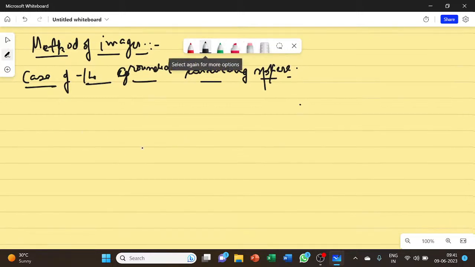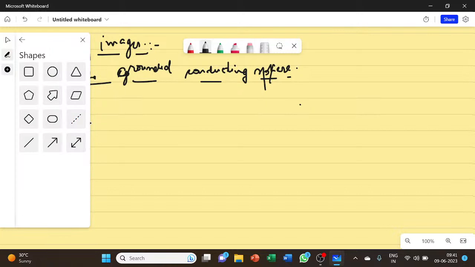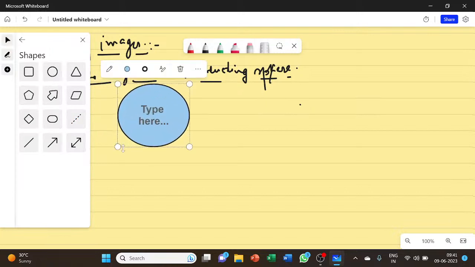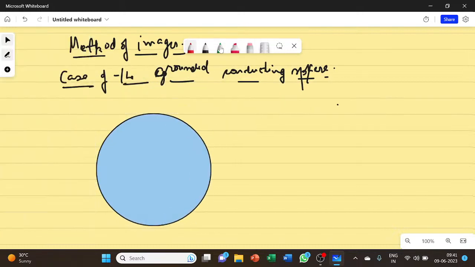So what is the problem exactly? Let us say there is a conducting sphere which is maintained at potential 0.